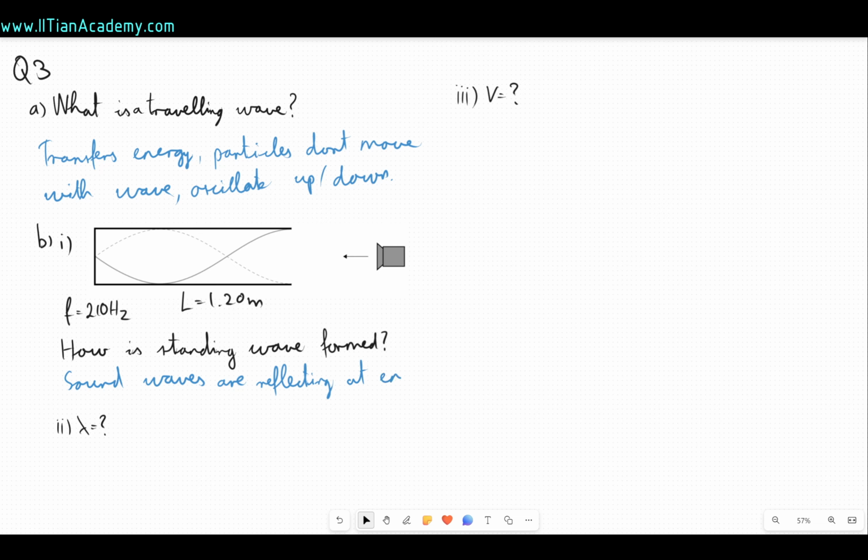What happens is that these reflected waves are interfering. They superpose with the other incoming waves coming from the opposite direction, and so these interfere with the incoming waves.